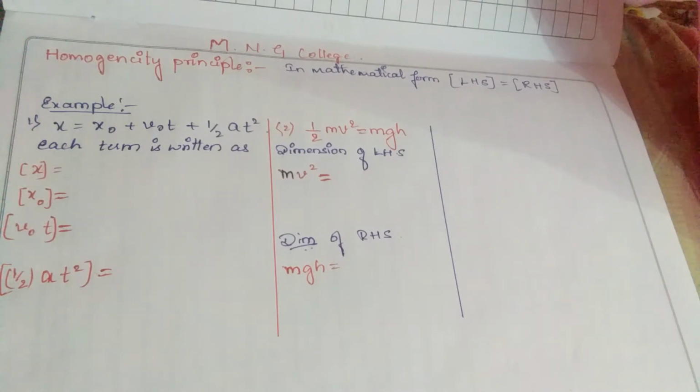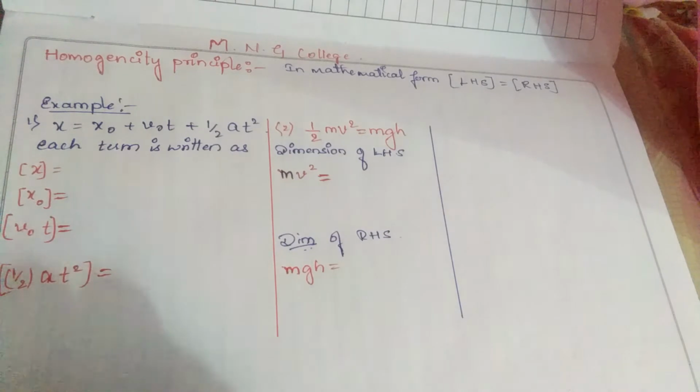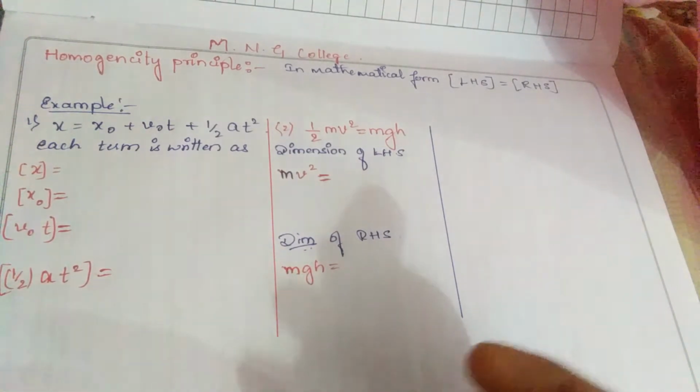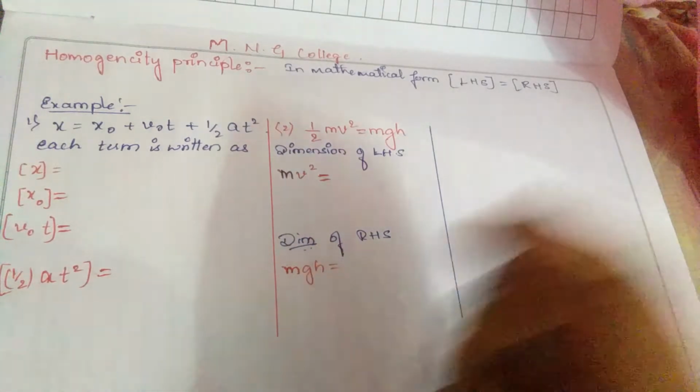If you have the same dimensions, then only you can add or subtract them. Otherwise, you can't do addition or subtraction of the dimensions. That we call homogeneity.